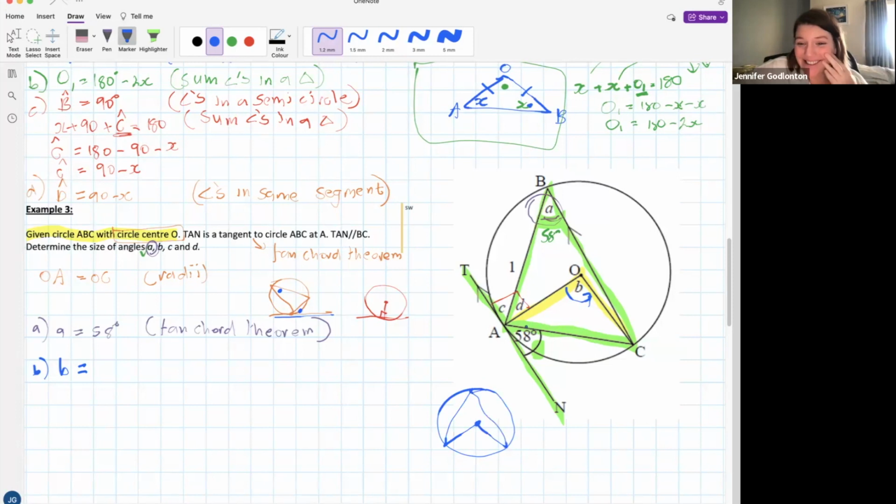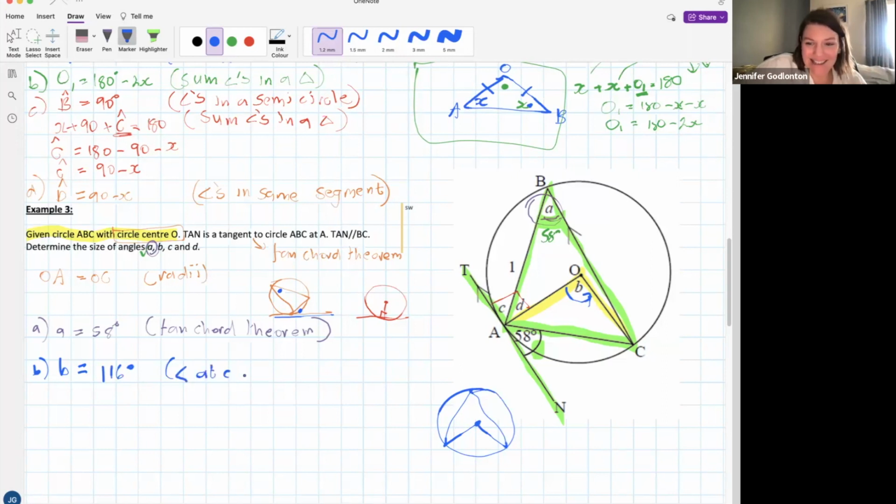Yay! Look at these answers coming in. That's great. Yes. It is absolutely equal to 116. Yes, good. Okay, so B is equal to 116 degrees. Bonus points now. What is my reason? Yes, guys, nice.